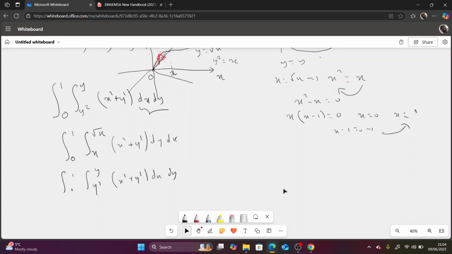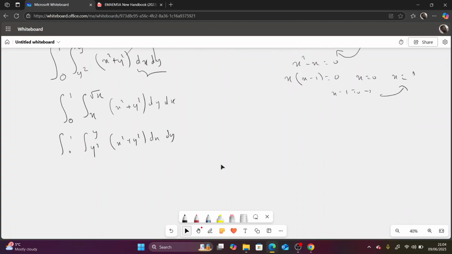Now, here is how it works. Because we are integrating in terms of x, everything that is not x here will be taken like a constant. Let's go here. First we have 0, 1. Now we are integrating. Look at how I'm writing. X, because it is the x, is going to be x cubed by 3.